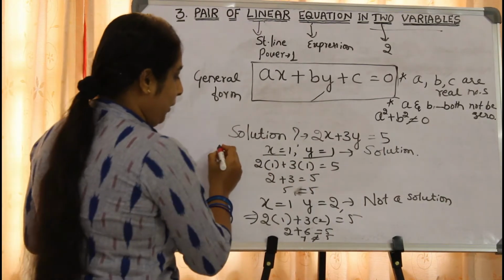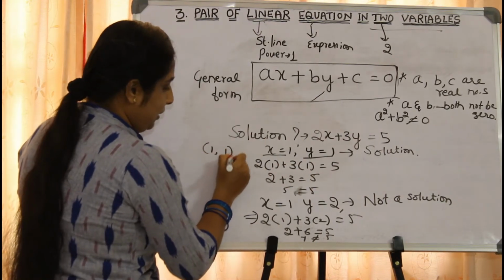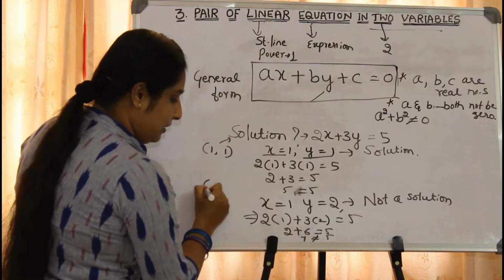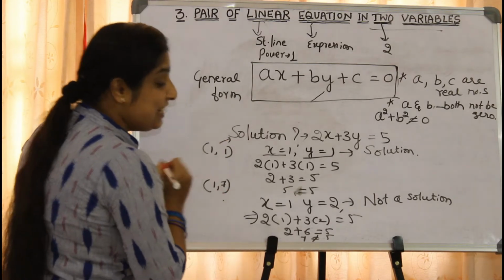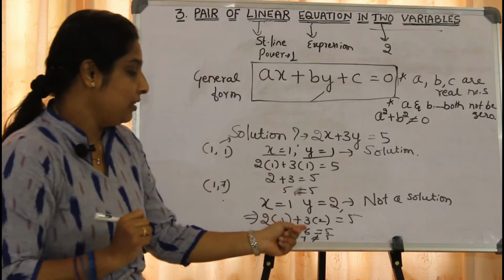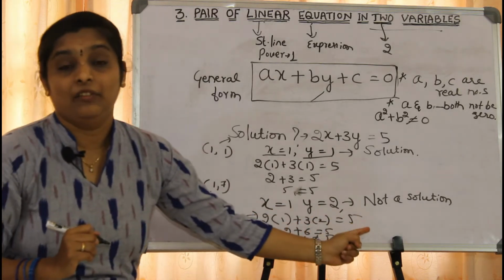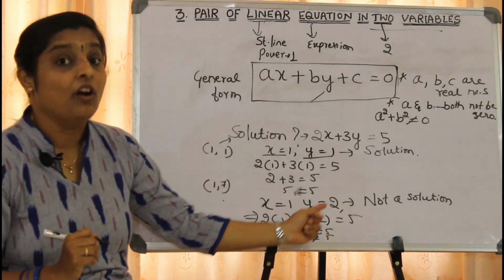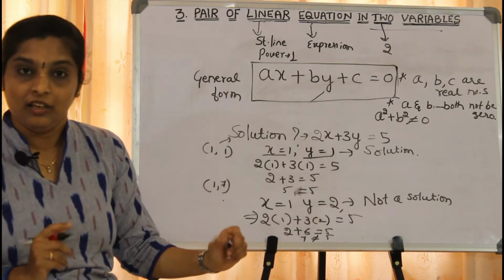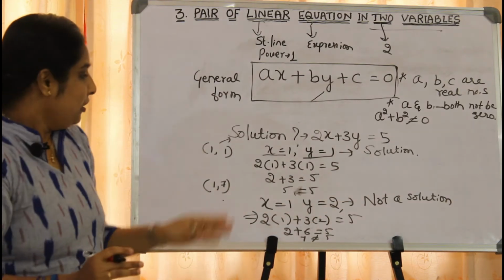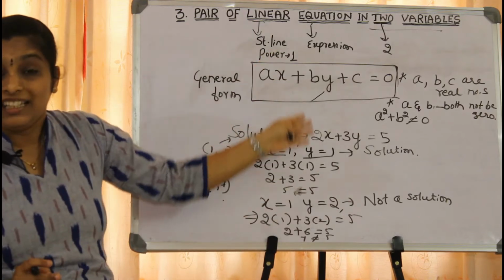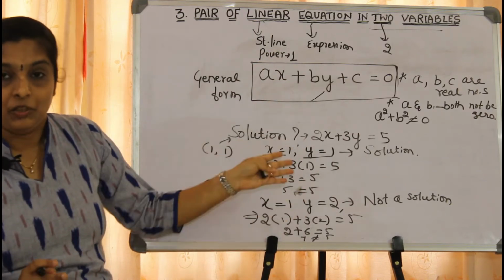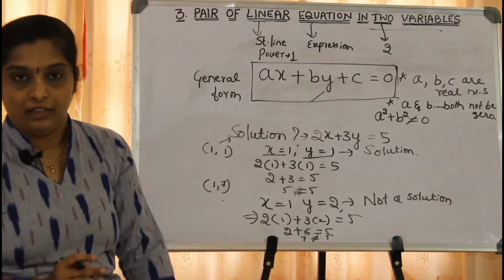I'll just write the points. So (1, 1) is a solution, and (1, 2) is not a solution because it is not satisfying the equation. Here the LHS is not equal to RHS, so it is not a solution. These are all called the algebraic representation of this linear equation.